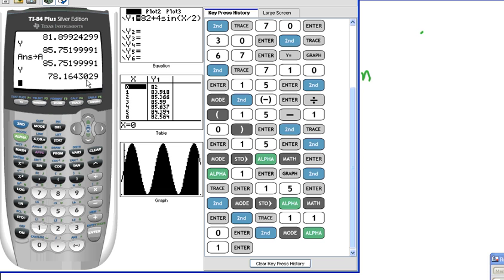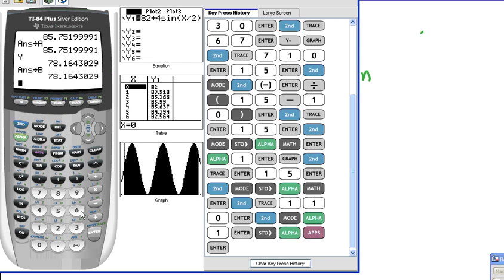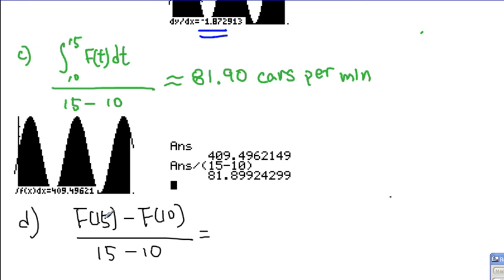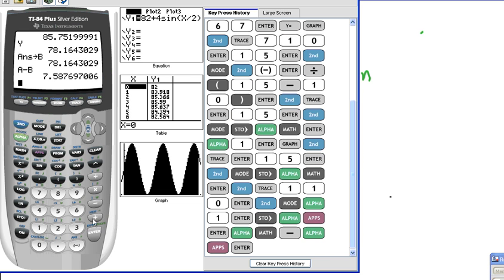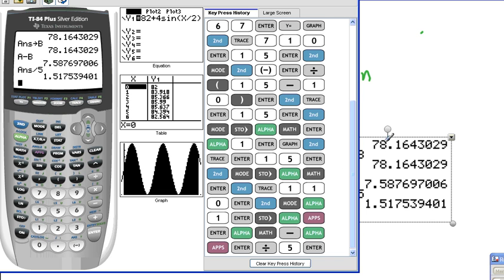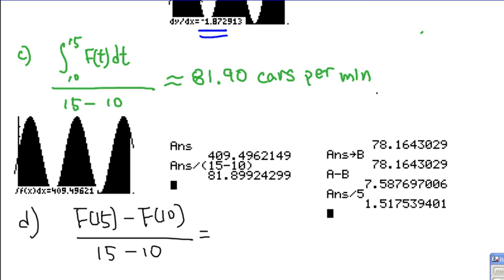Y is 78, the value that we wanted. Now I'm going to store that to b. Then here, this calculation simply becomes a minus b on my calculator divided by 5. So we have a minus b, which is that value divided by 5. And that becomes our answer.